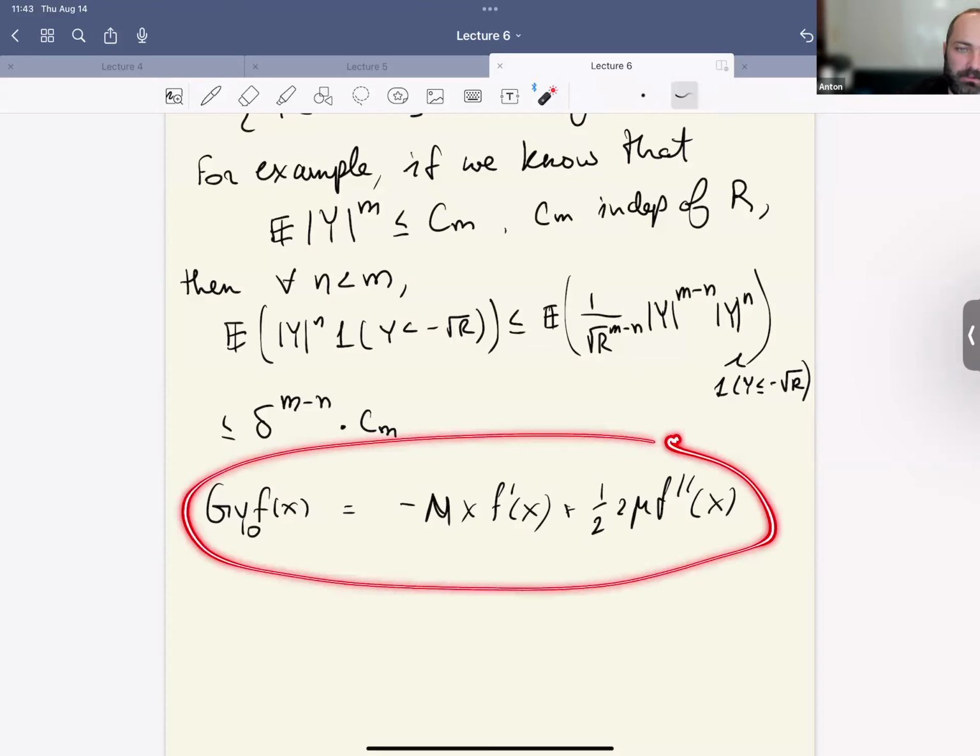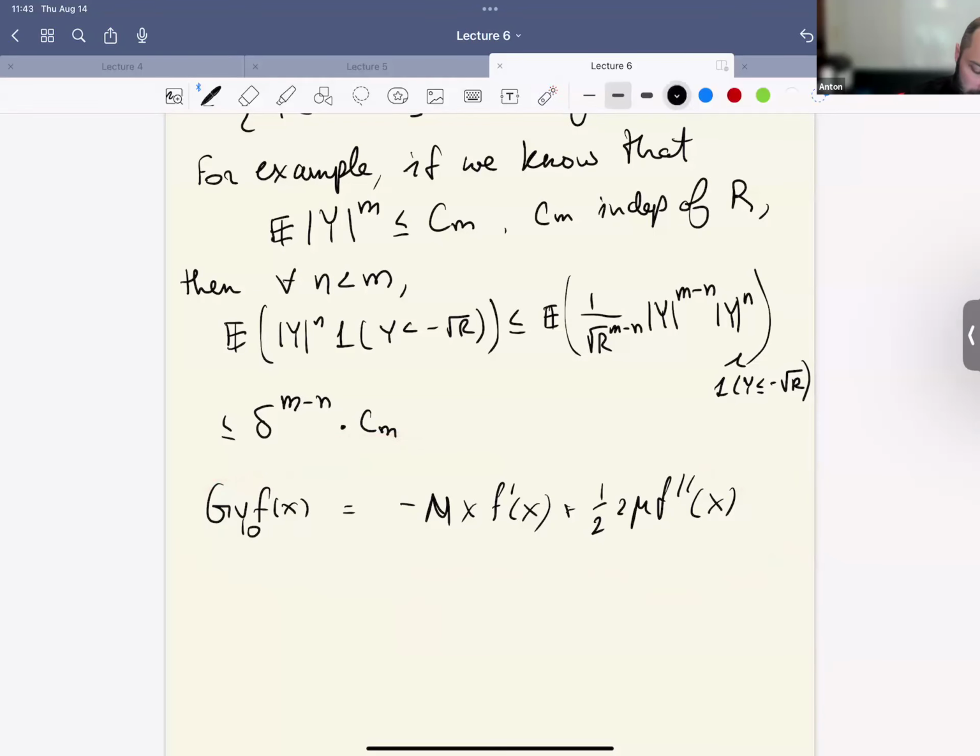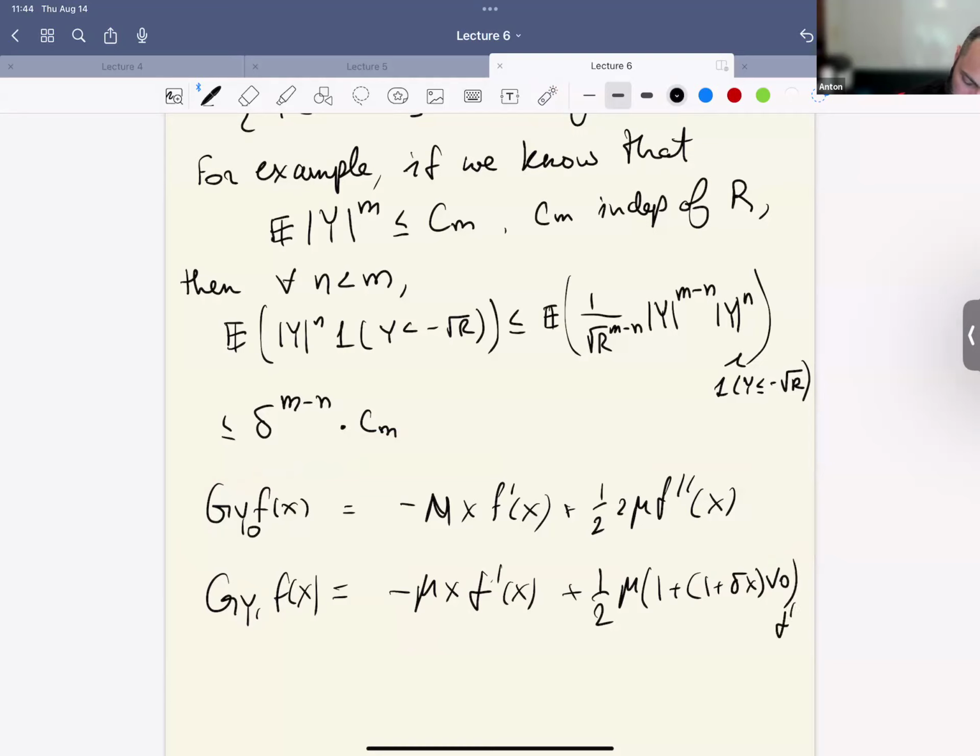You don't even need a Lyapunov function to see that the moments of this are bounded by a constant independent of R, because there is no R on the right side. For G_Y1, it's similar. There is an R on the right side: mu 1 plus 1 delta x V naught of double prime of x.